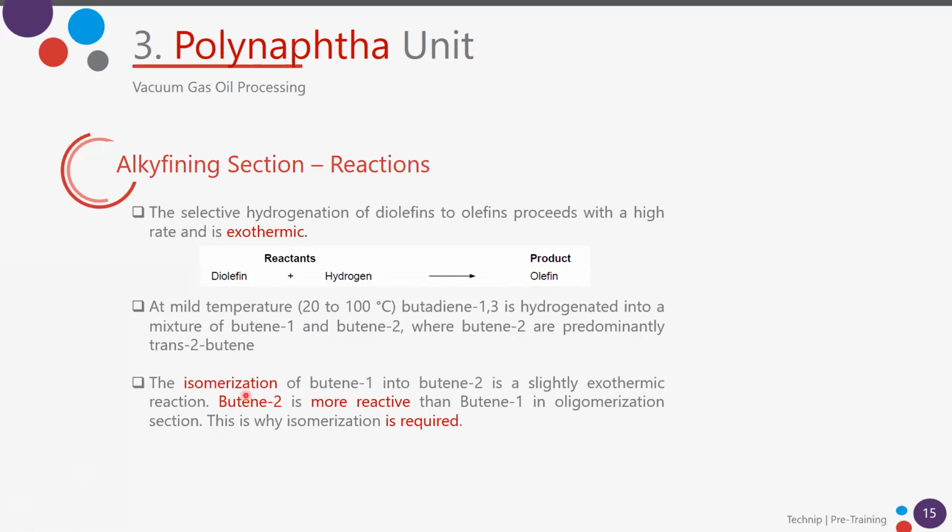And the isomerization of this butene 1 into butene 2 is also exothermic, but a less exothermic reaction, and the butene 2 is more reactive than butene 1 in the next section. And this is why this isomerization is required.